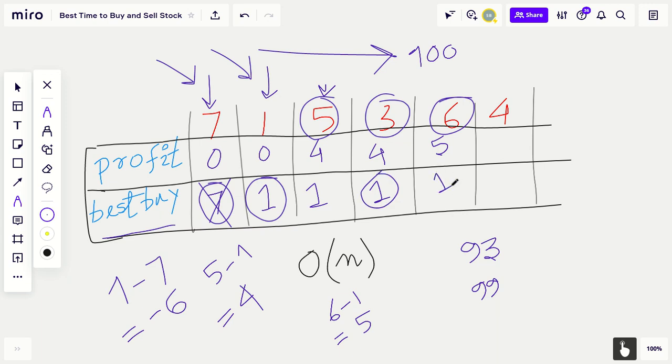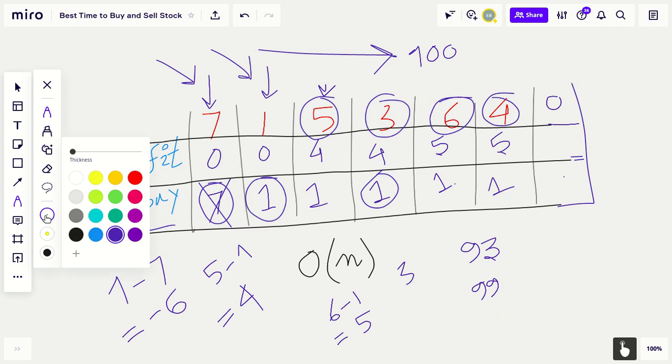Then comes 4. So 4 minus 1 gives you 3. Is it more than 5? No. So still holding 5, and the value of best buy is still 1. Suppose it was something like 0 in the next element, then you would change this value of best buy to be 0.